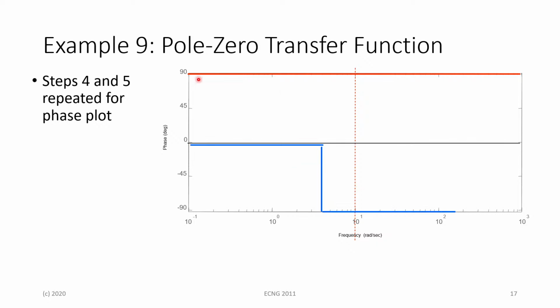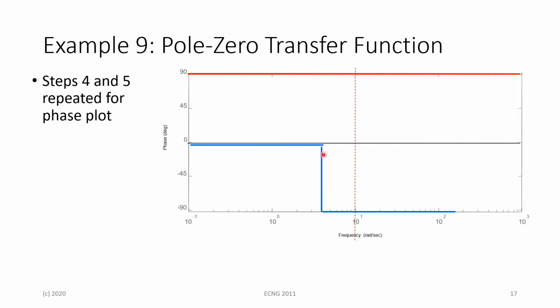So our H1 being j omega, that basically means that it's going to have a constant phase of 90 degrees throughout the entire subsystem. For H2, which was at omega equals 4, everything before omega equals 4 is going to be 0 degrees, but everything after omega equals 4 is going to be at minus 90 degrees.